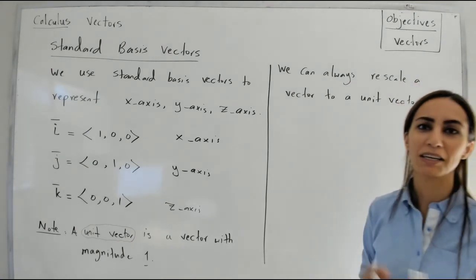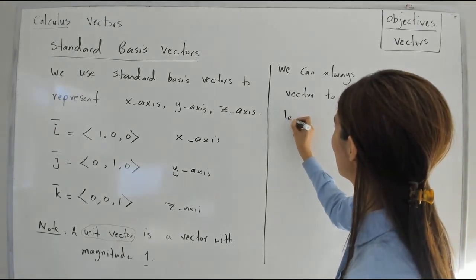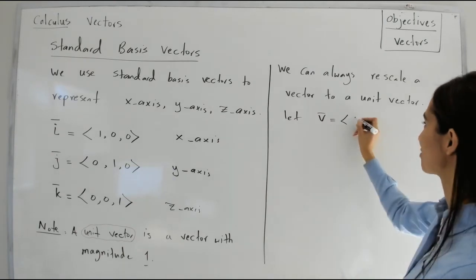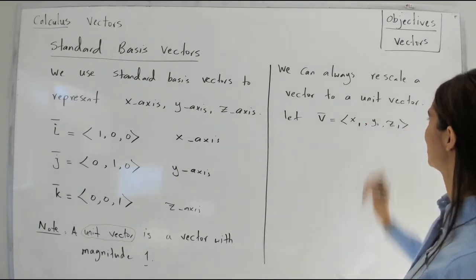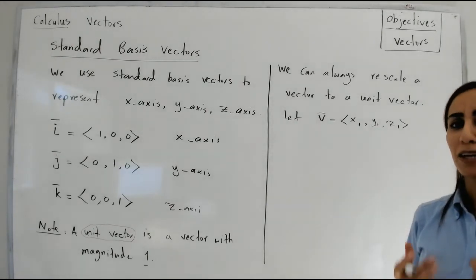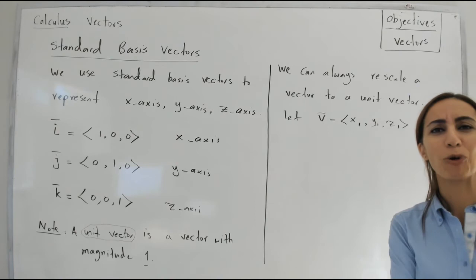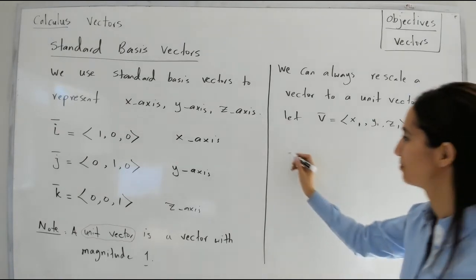How? Let v be a vector with components x1, y1, and z1. By dividing vector v by its own magnitude, you create a unit vector.